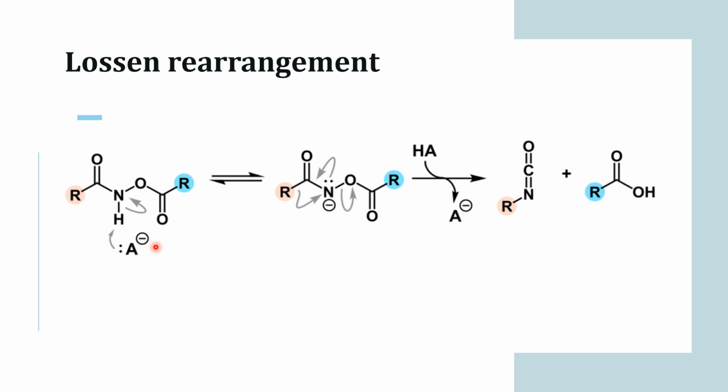The base, indicated as A minus, is going to extract a proton from the carbamate to give us a negative charge centered here.